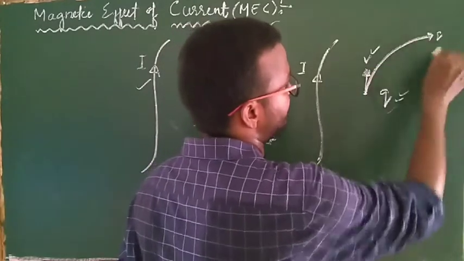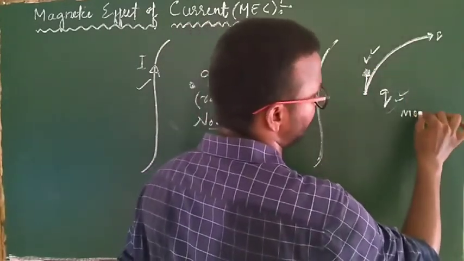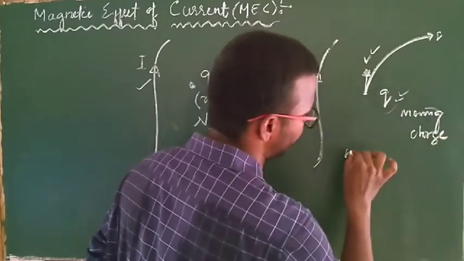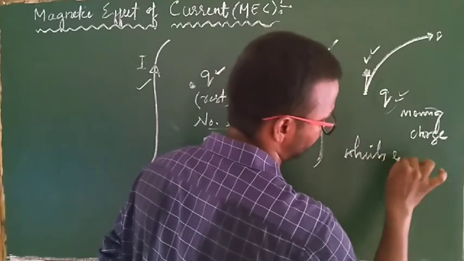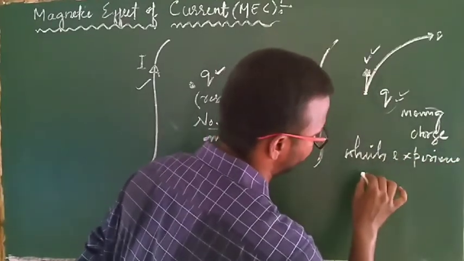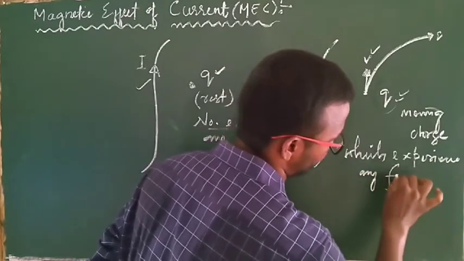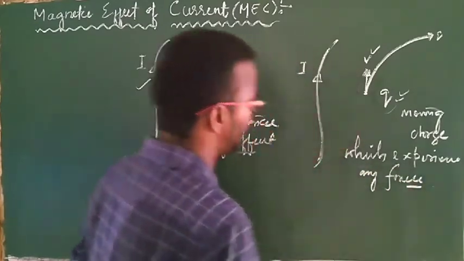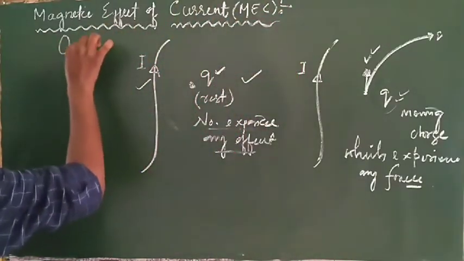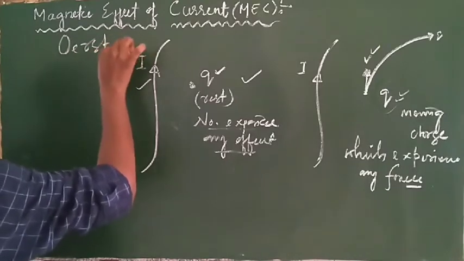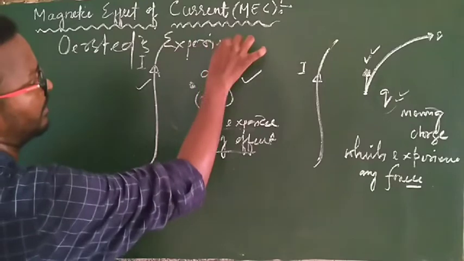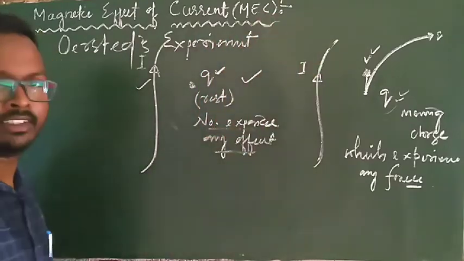That means it experiences a force. A moving charge experiences a force. And this experiment was first done by Oersted, or Oersted's experiment.